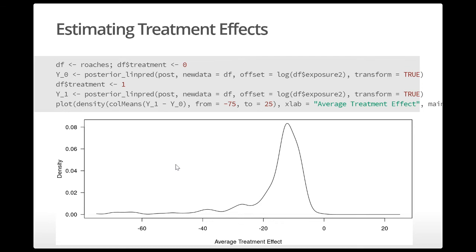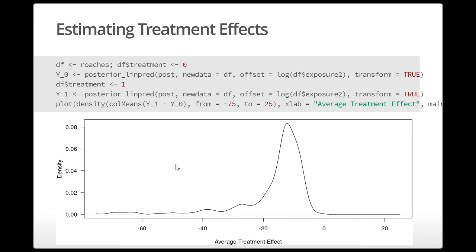Call that Y0. Then go back into my copy data frame, make treatment equal to 1 for all buildings. Get the posterior distribution of mu under that assumption. We can call that the potential outcome under treatment. And then if I want to say something about the average treatment effect, I can subtract Y0 from Y1.